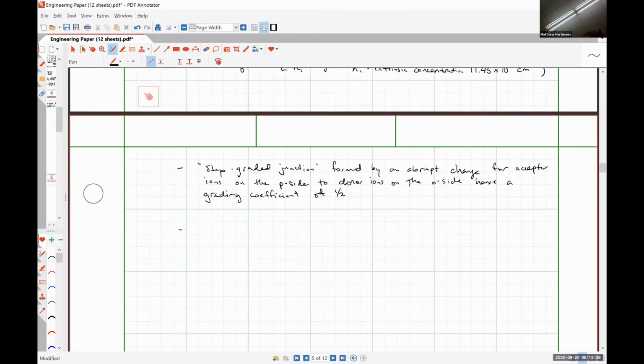The other option is a linearly graded junction. And these occur where the change from acceptor to donor atoms varies linearly.